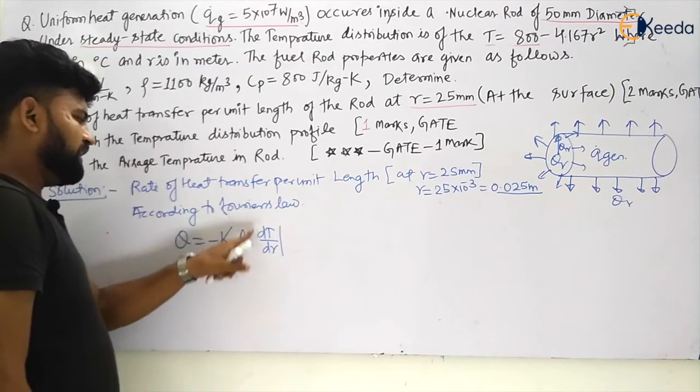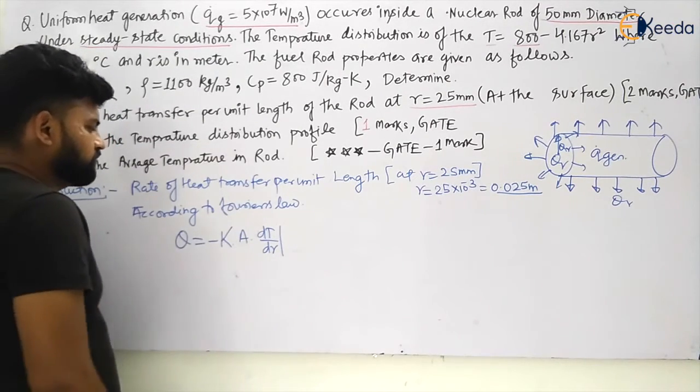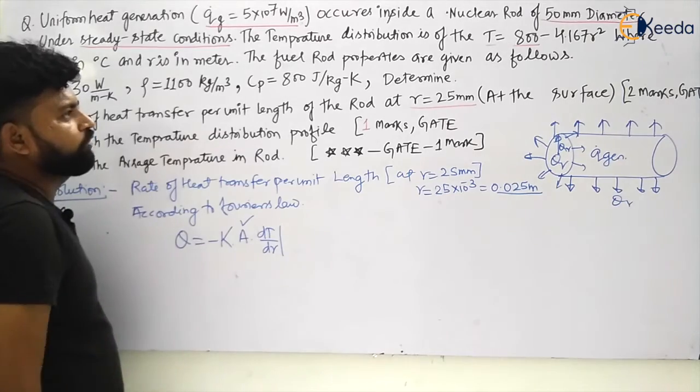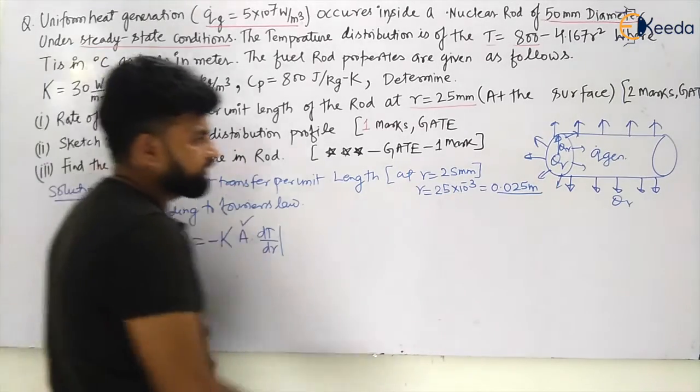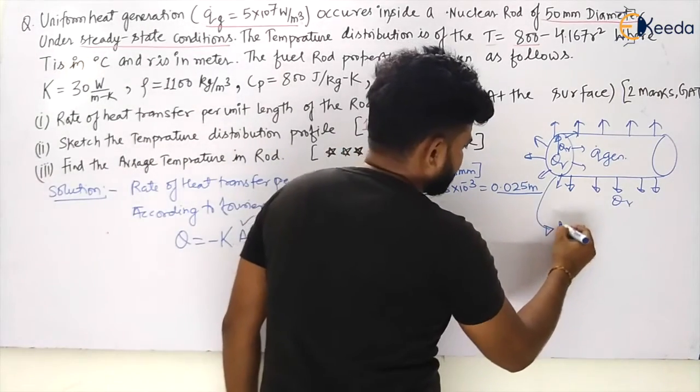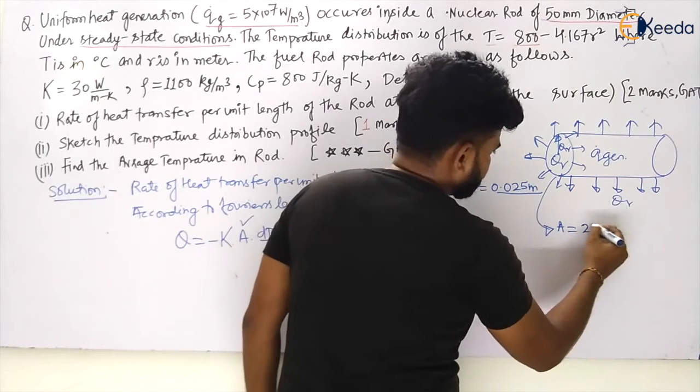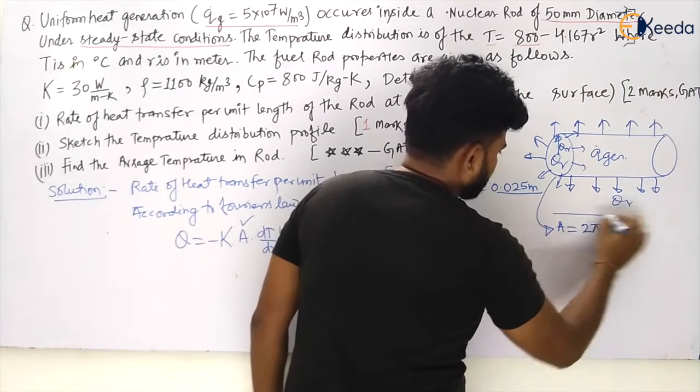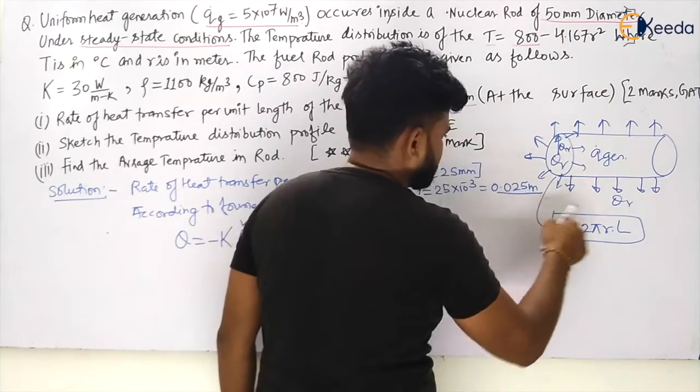Now, can I get the dT by dr value? I know the area, because I know the diameter. So what will be the area in this case? The area will be given by 2 pi r L.